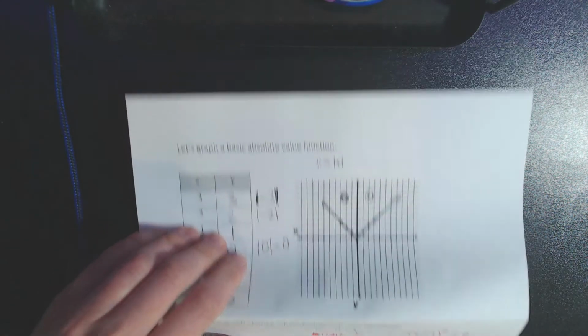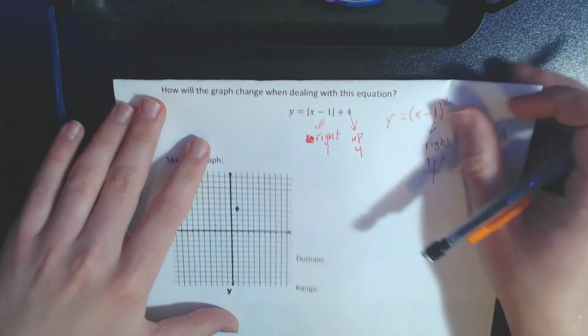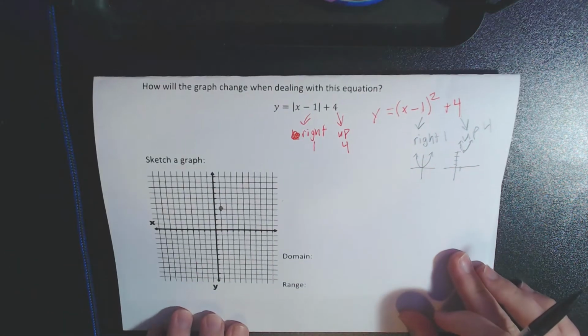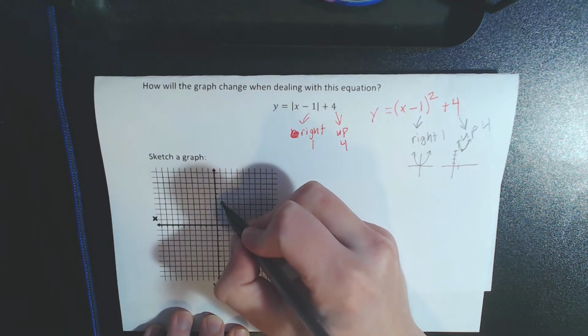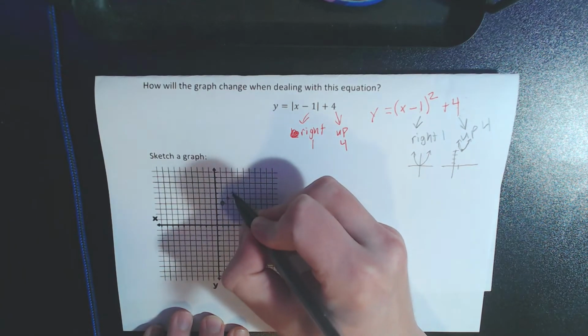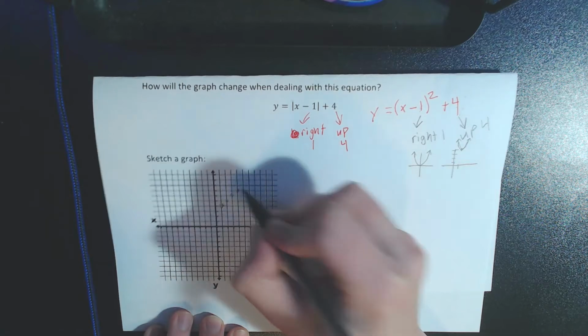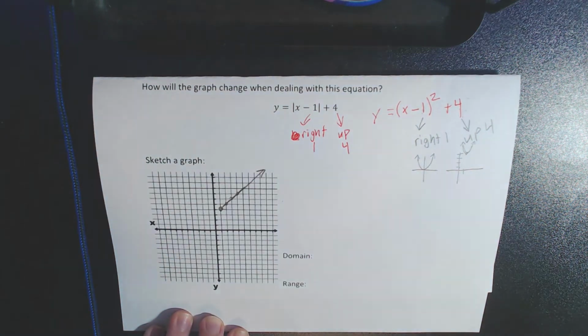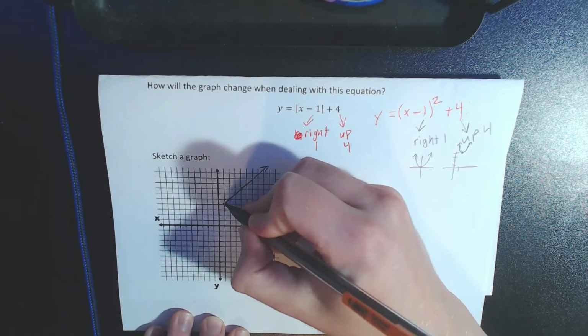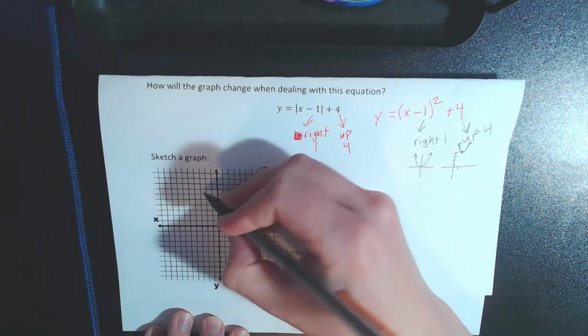So that's what it was doing. It's going to do the same thing on this one that we're doing right now. It's going to go from the V, up 1, over 1, up 1, over 1, up 1, over 1. It'll keep doing that same thing that way. The other way, it will do the same thing just backwards.